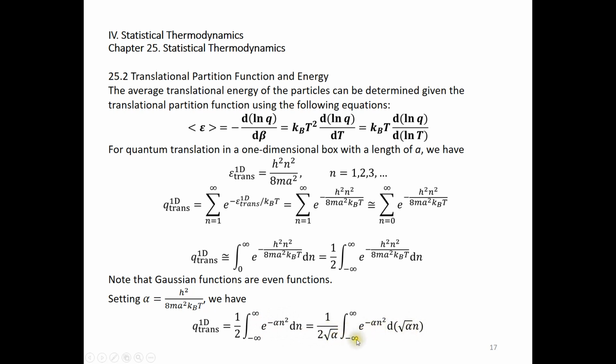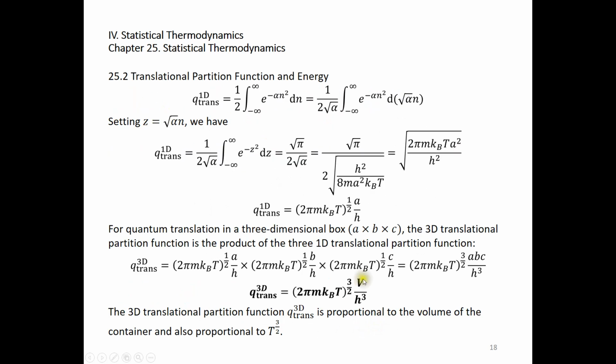The reason is we're about to set a new variable equal to the square root of alpha times n, and then this is going to be e to the power of negative that variable squared. So again, the one-dimensional translational function is 1/2 of this integral of the Gaussian function from negative infinity to positive infinity.